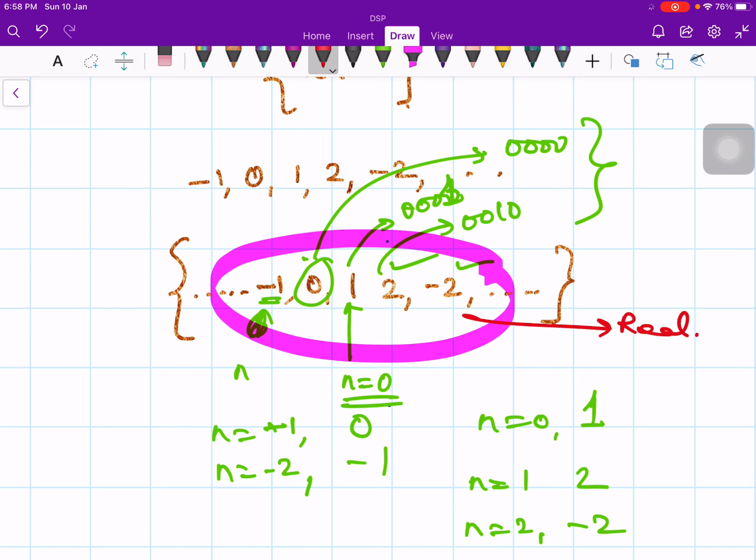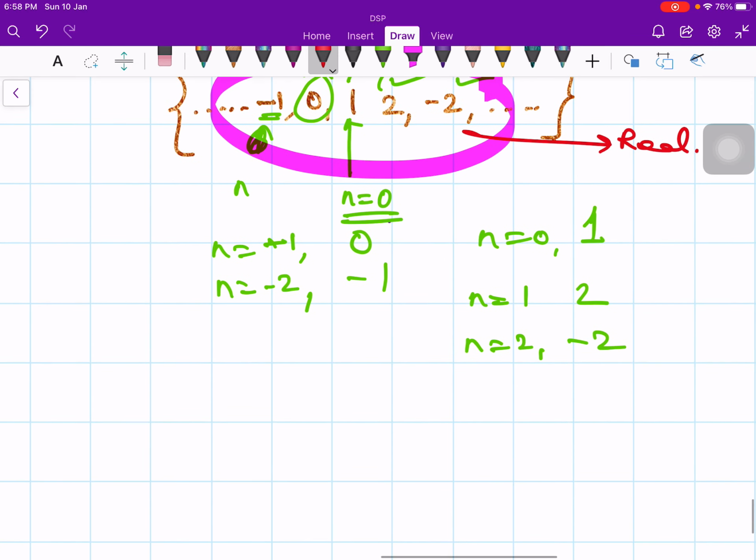It can be complex. Okay, the sequence can be complex, like you can have 1 plus j, comma 2 minus j2, comma like that. It can be a complex sequence, and so on and so forth.